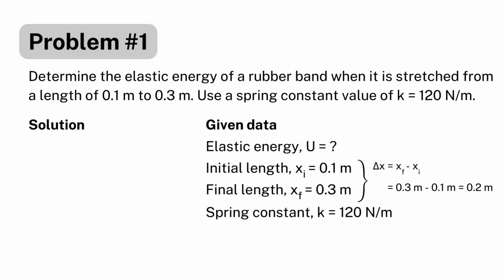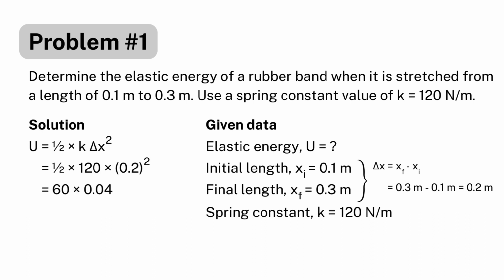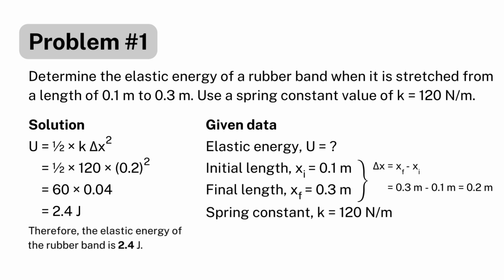When we insert these values into the equation, U is equal to half times K delta x squared, the value of U becomes half multiplied by 120 multiplied by 0.2 squared. So the final value we will get is U is equal to 2.4 joule. Therefore, the elastic energy of the rubber band is 2.4 joule.